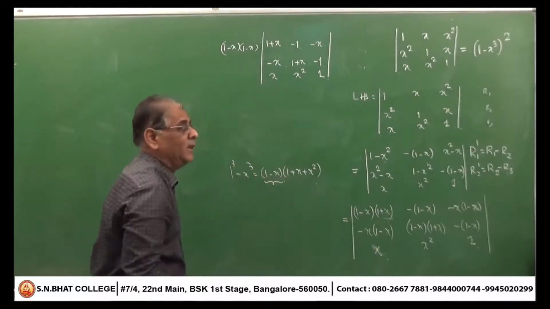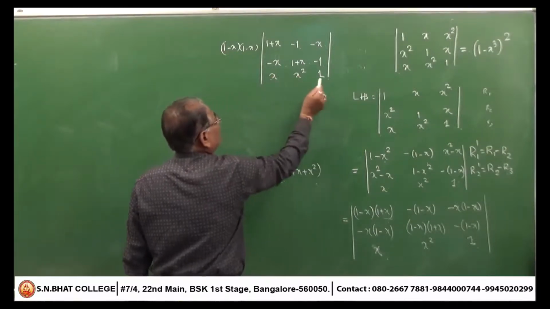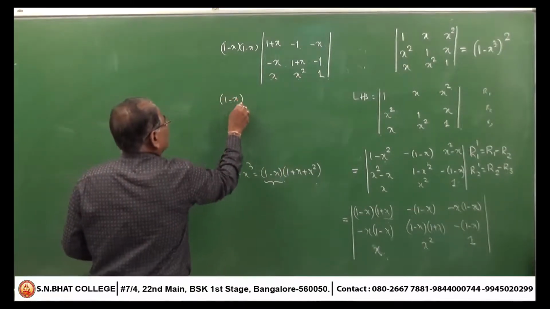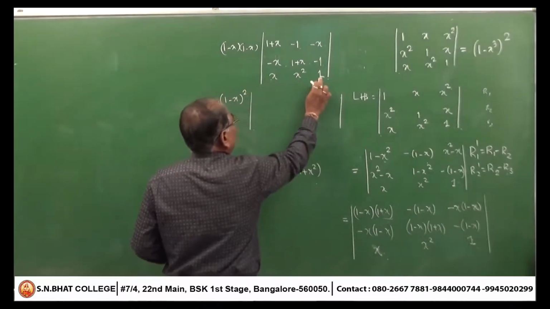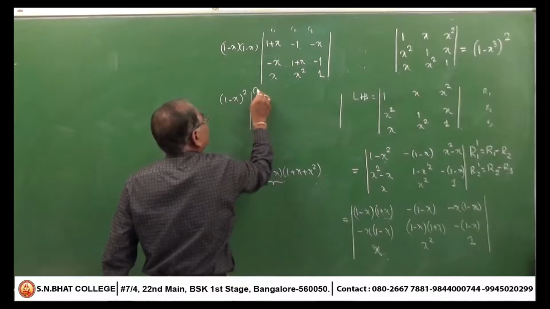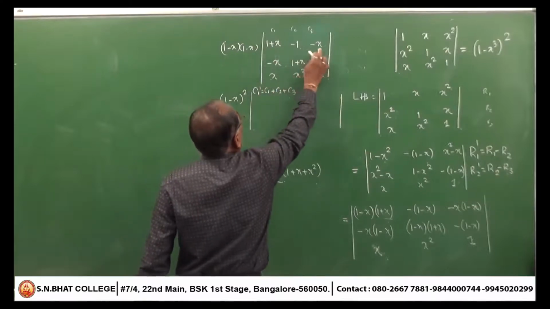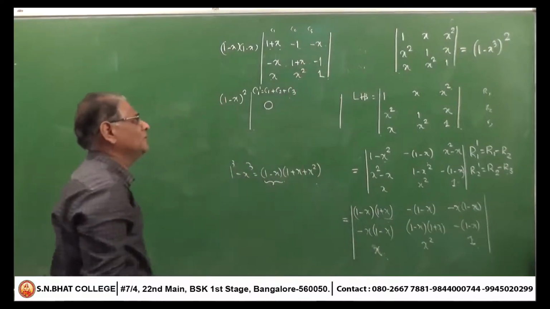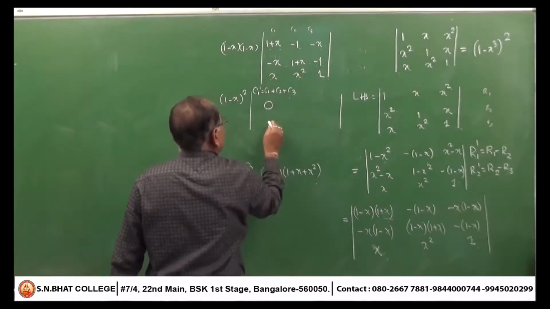Next I should get 1 plus x square. See the third row, 1 x square. If you add all the three columns, you get 1 plus x square as a common factor. 1 minus x into 1 minus x is 1 minus x whole square. Add the three columns: C1 dash is C1 plus C2 plus C3. If you add these three, it becomes 0: plus 1 minus 1 is 0, plus x minus x is 0. Next, minus x plus 1 minus 1 gets 0.